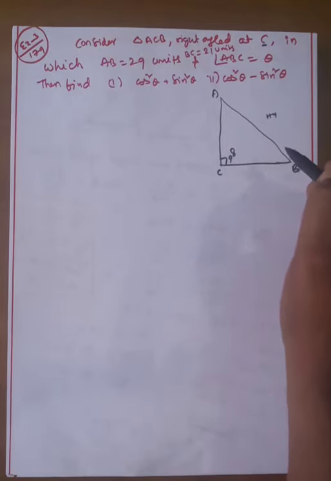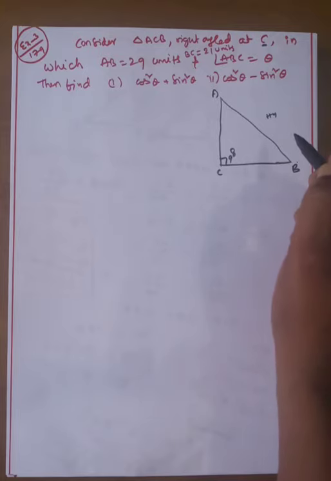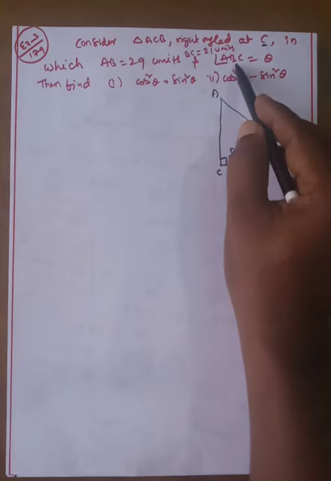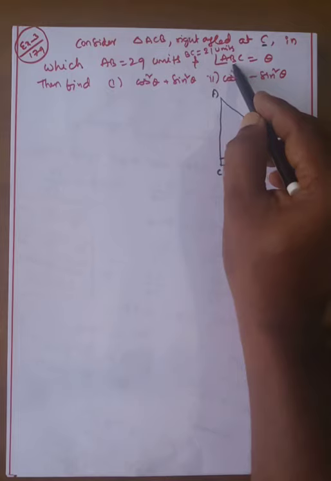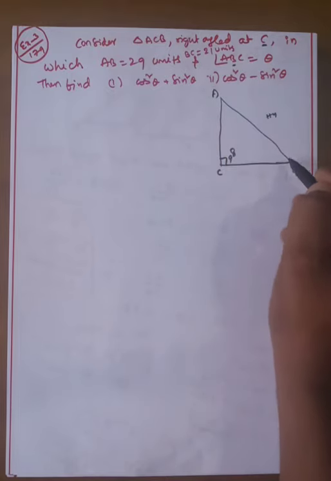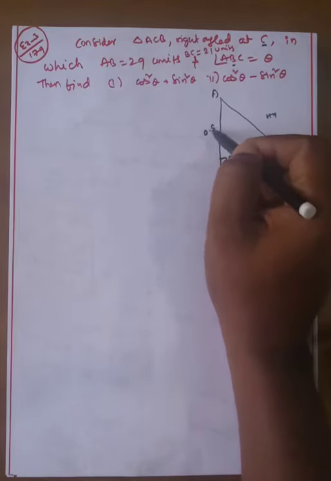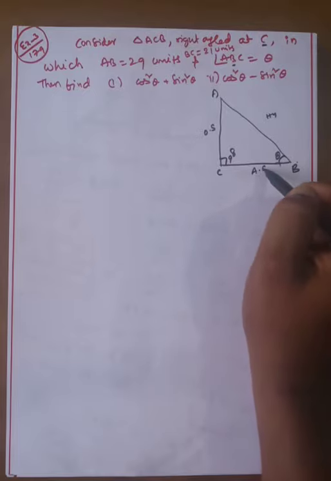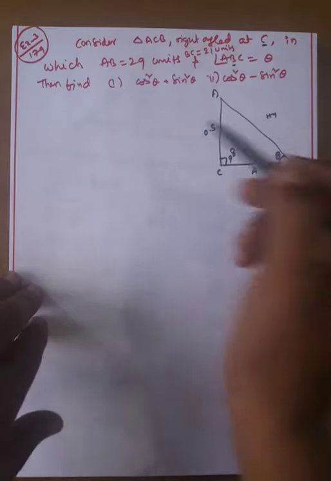Okay, what is given? Theta is clearly given. Angle ABC, the angle at B, is theta. Means at the angle B is theta, the side opposite theta is called the opposite side, and this is called the adjacent side. Okay, my dear friends. Here what is given?